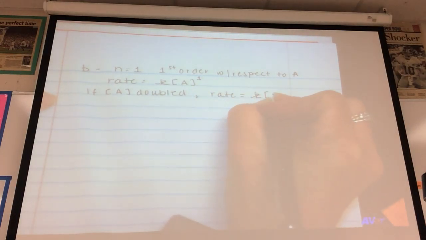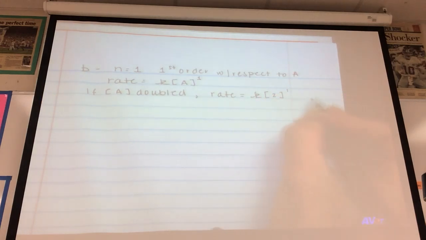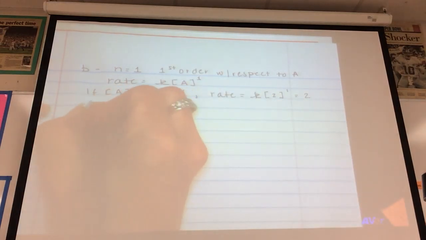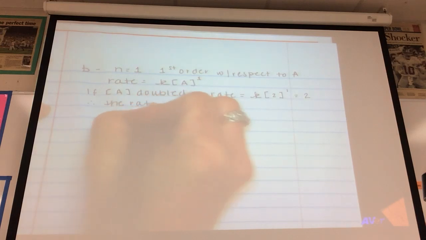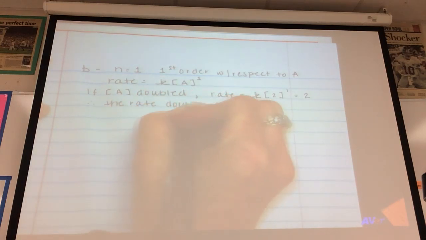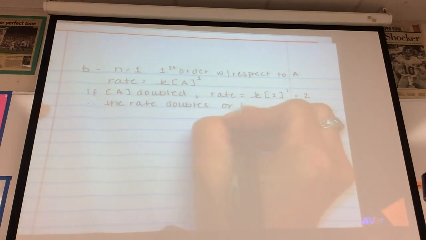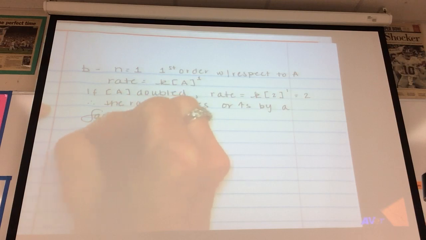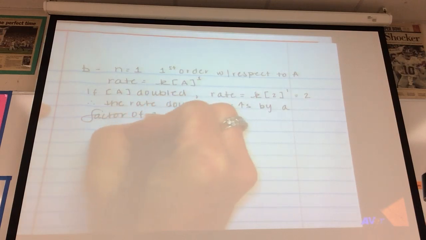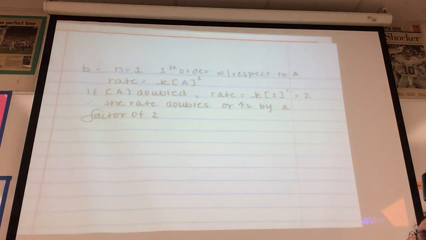We're going to put a 2 in here because we doubled it. 2 to the first power is 2. So therefore, the rate doubles or increases by a factor of 2. The rate basically does whatever it is that you've done to the concentration for first order.